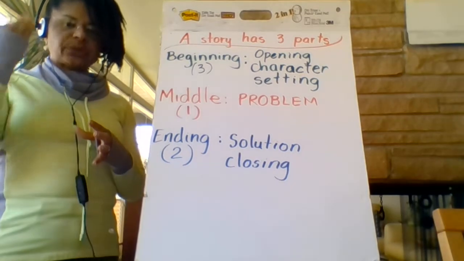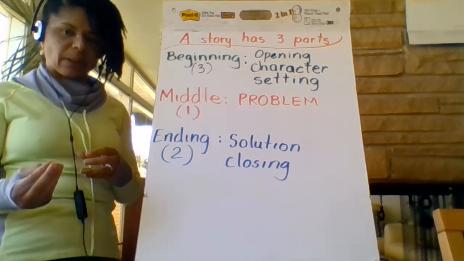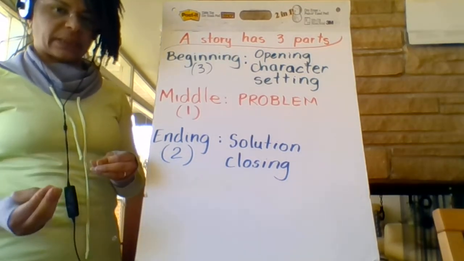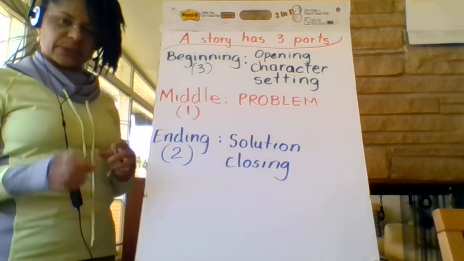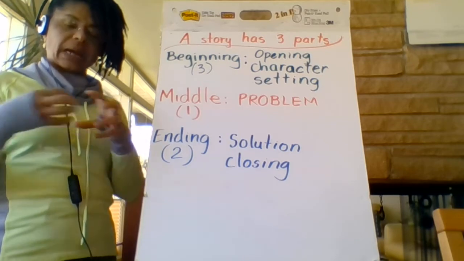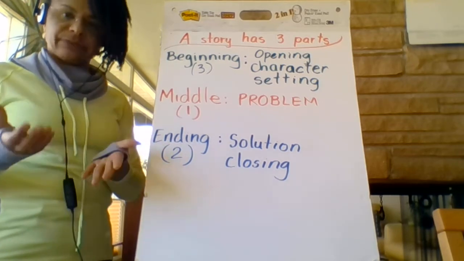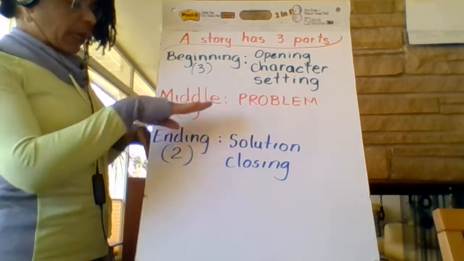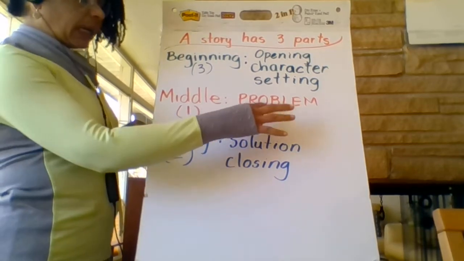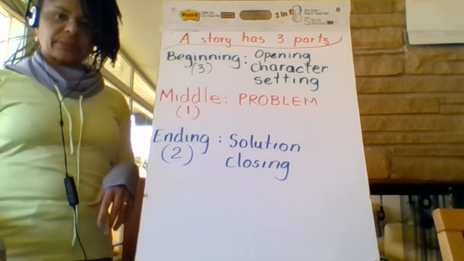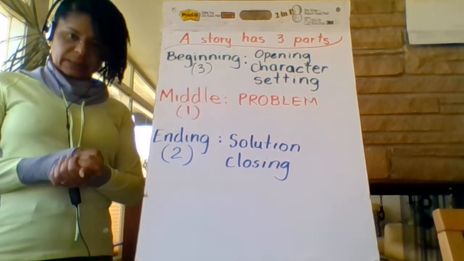And you need to think about that as the problem. What happened in the story? What happened to those characters in the story? Or what happened between the characters? It varies from story to story. And as you get towards the end of the story, then that problem is solved and the story ends.